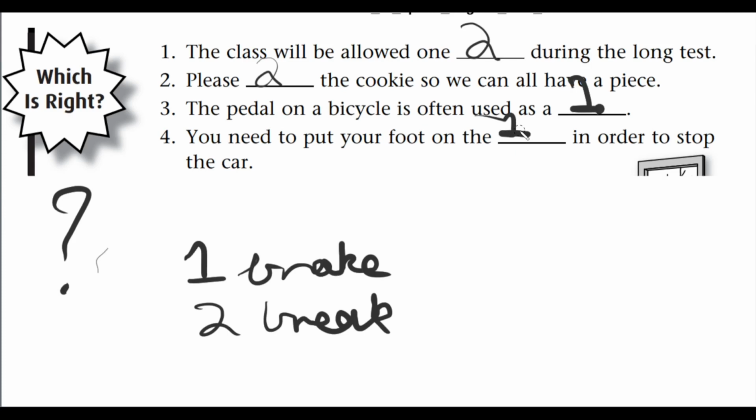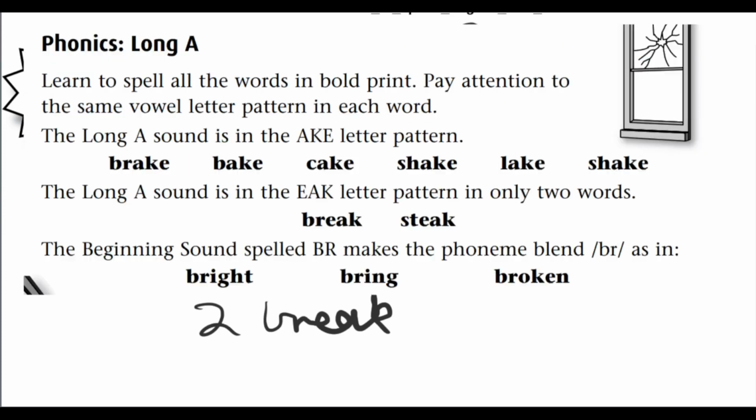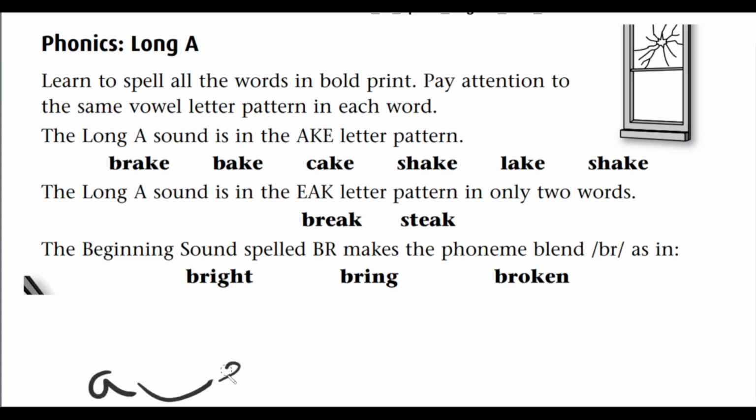If you got that wrong, it's fine. The long A sound. The reason they make that sound is because of the A and the E. So in brake, the A and the E are what's called a split digraph with the K. The E calls out the A's name, saying, "Hey, A."